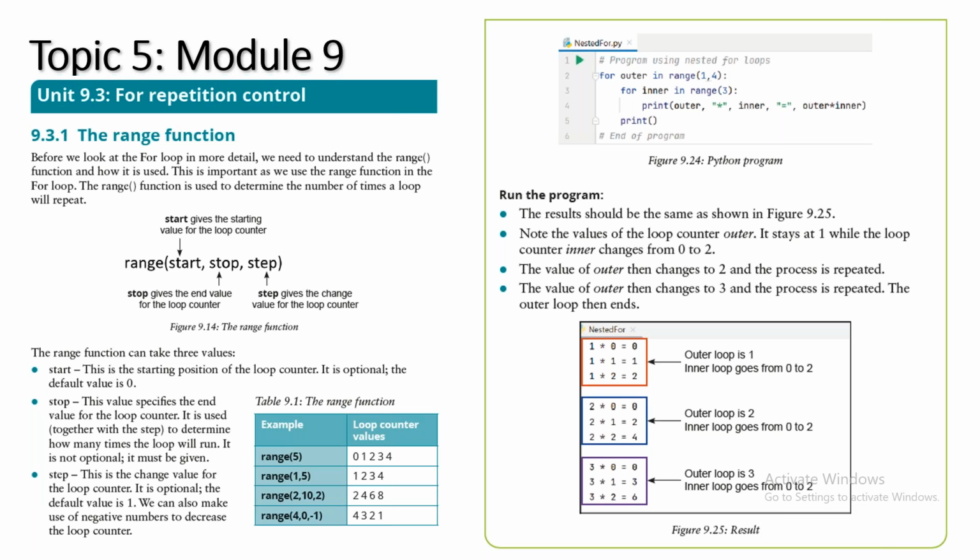So you don't always need to have those values in, okay? But you need to be able to indicate what's the stop value so we know how long the loop should run for. So we actually show students an example of how the range function works based on different values that they put into their brackets, what the loop counter values can be.